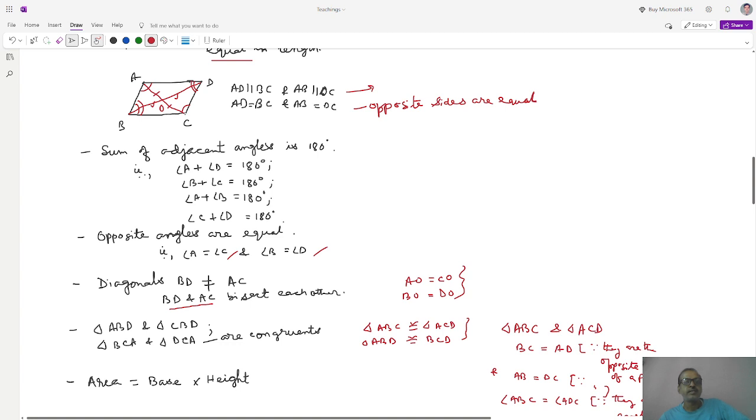If we extend the base BC and draw a perpendicular on it from point D, then we will get the height of this parallelogram. Now, the area of the parallelogram.